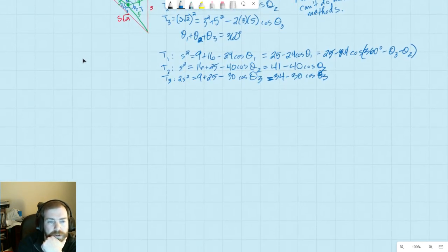We can go with either: s squared plus s squared is going to be 2s squared, which is equal, if we add up the two equations above, adding up 1 and 2, to the third. T1 plus T2 is going to be equal to T3.